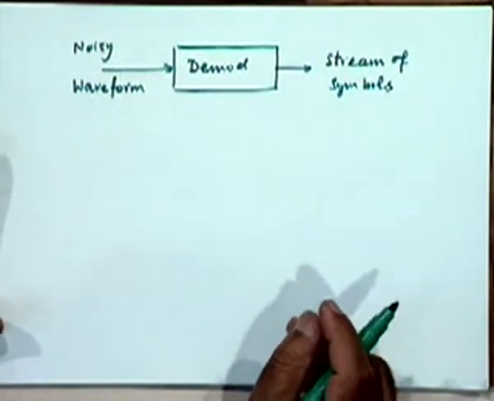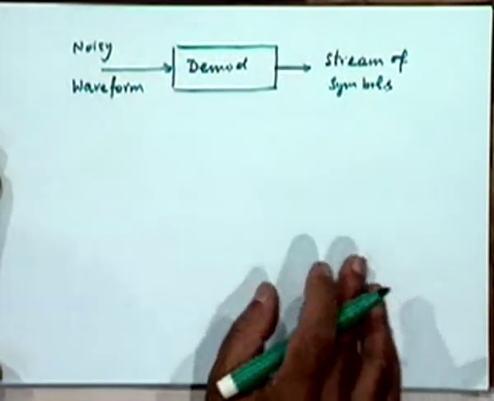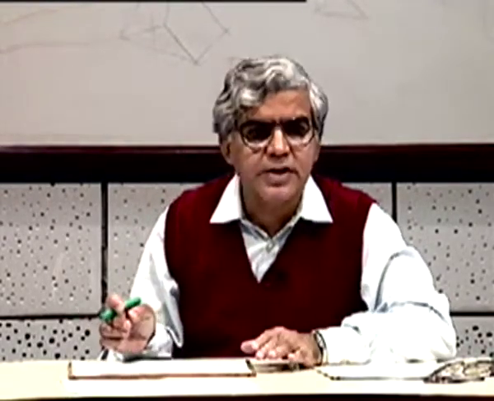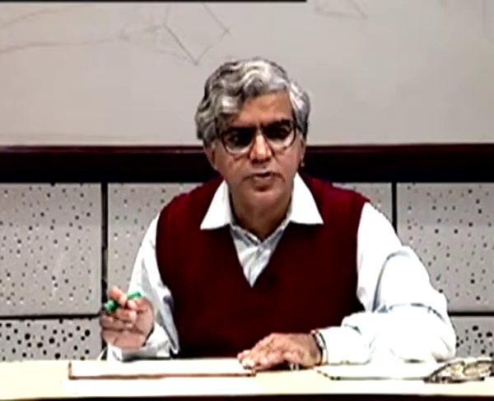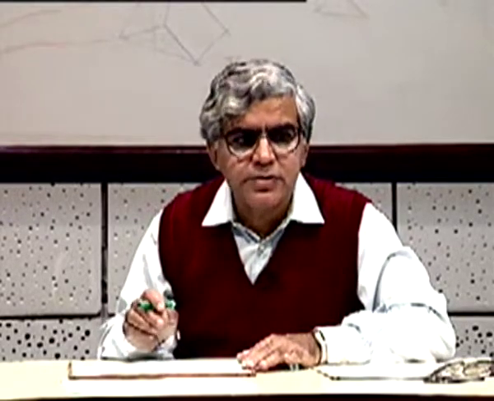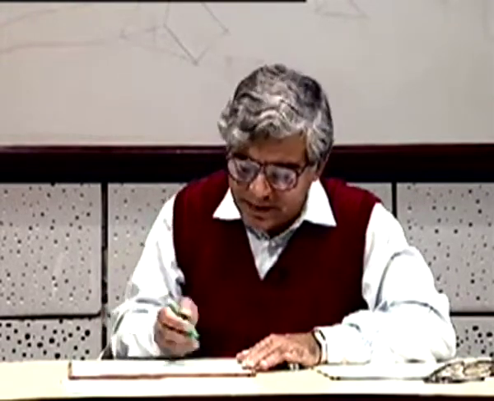Now how well a demodulator is doing its job, that is how to judge whether you have got a good demodulator or not, right. The performance of a demodulator in a digital communication environment is really judged by its ability to give you very low error rates, as low error rates as possible, what we call probability of error.